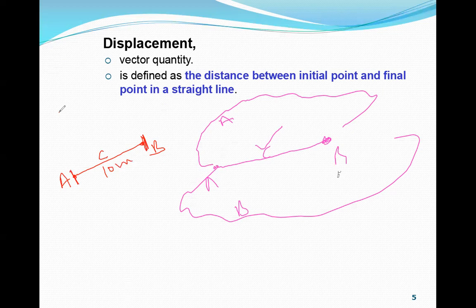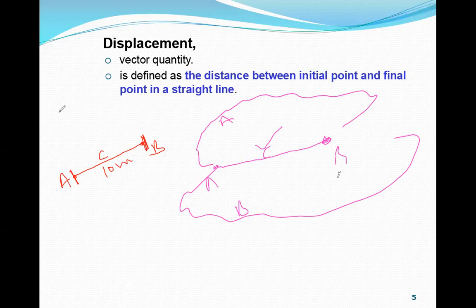But when I describe the C path from A to B as 10 meter, it's displacement. It means displacement is always equal to or less than the distance, and distance is always equal to or greater than the displacement. I repeat the statement: displacement is always equal to or less than the distance.